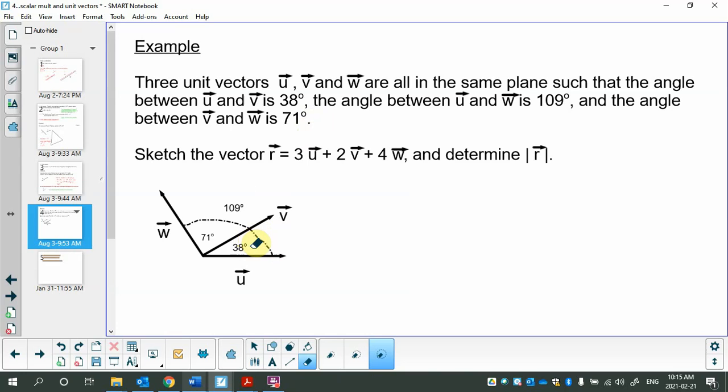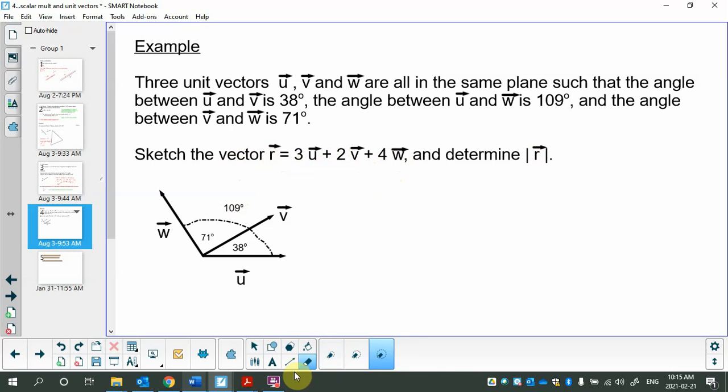The angle between u and w is 109, and what that means is that there has to be a 71-degree angle here because 38 and 71 is equal to 109. And I want to sketch the vector r, which is made up of 3 u's, 2 v's, and 4 w's, so no negative, no opposite directions this time.